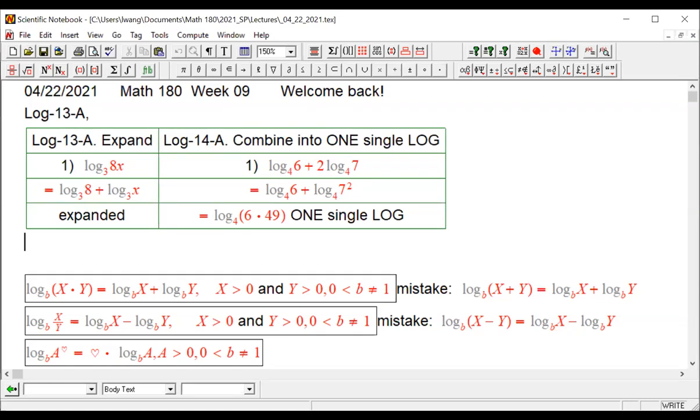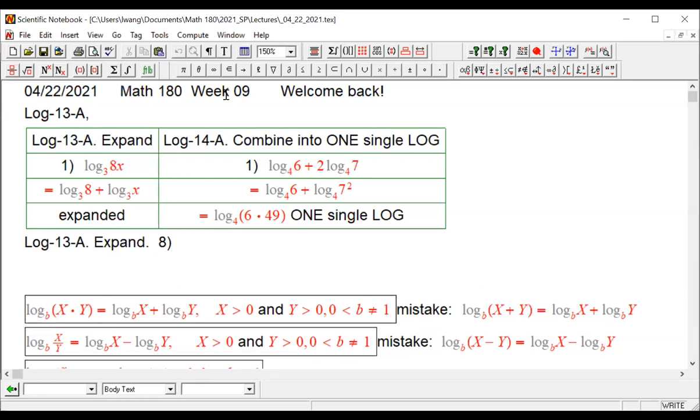How about I choose number 8 on 13a? On 13a, expand, I choose number 8 for you. On 14a, I'm going to choose number 3 for you.